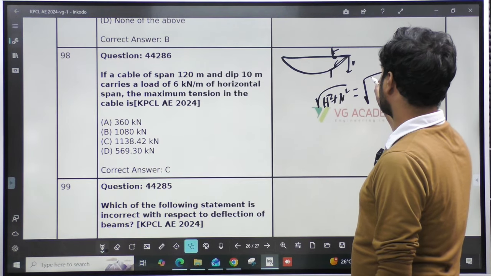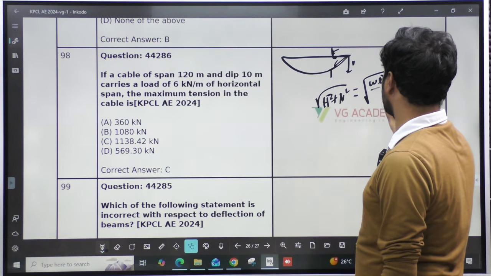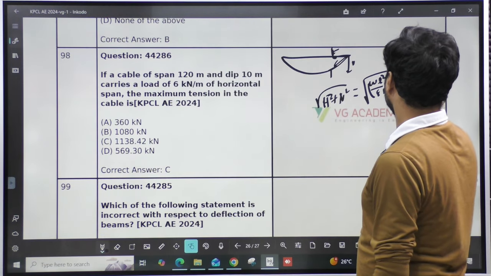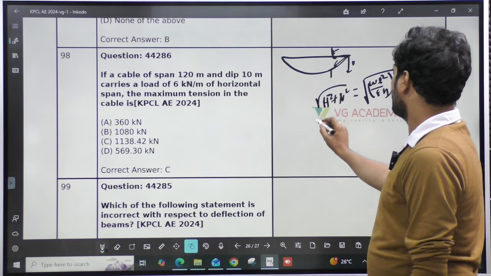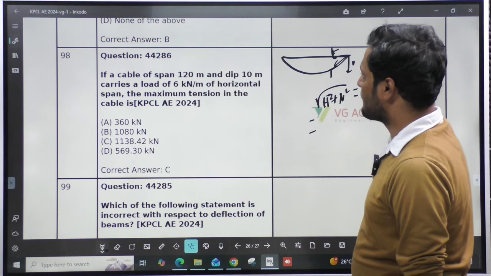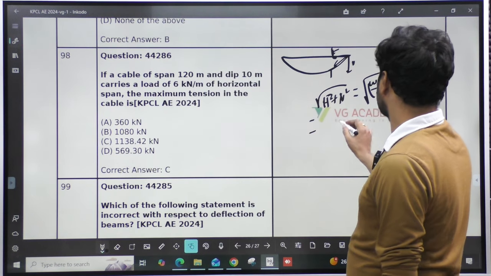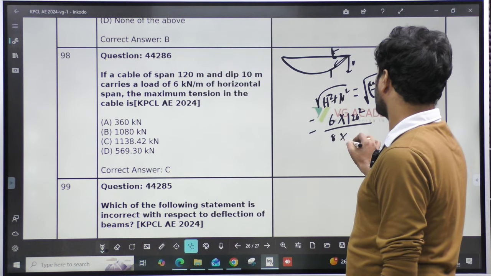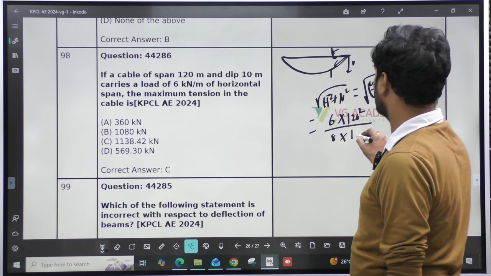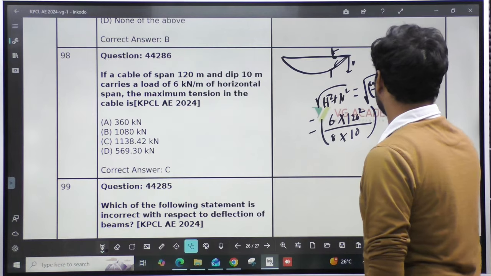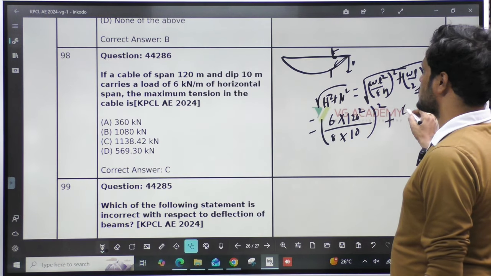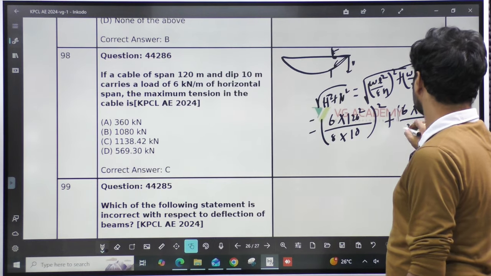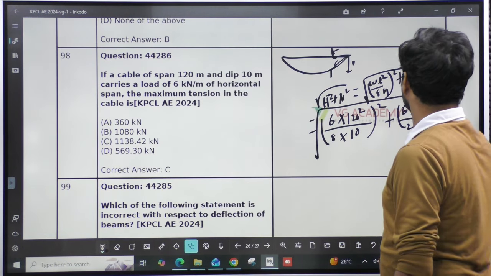So H is WL square by 8H, whole square, plus WL by 2, whole square, vertical. So what is W? 6 into 120 square divided by 8 into 10, whole square, plus 6 into 120 by 2, whole square, under root.